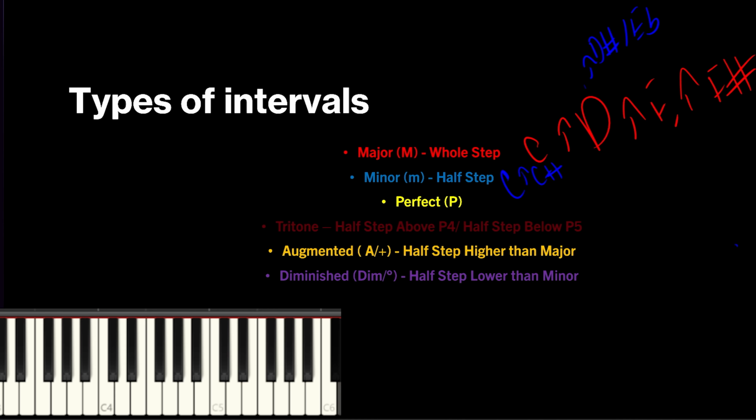You could also think of it as a half step below the E, which is our major third. So if we go a half step below, it's a minor interval. Or if we go a half step above our major second, it's a minor third. Same thing if we go a half step above our G, minor 6th, and a half step above A, it's a minor 7th.